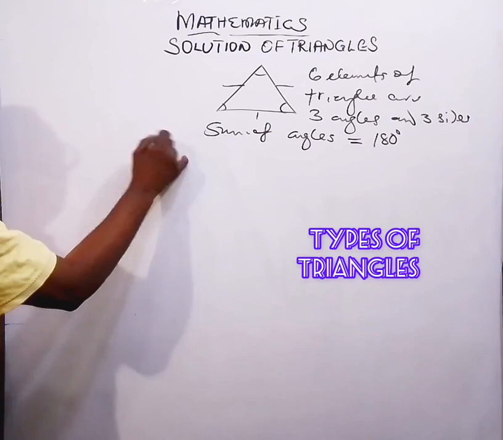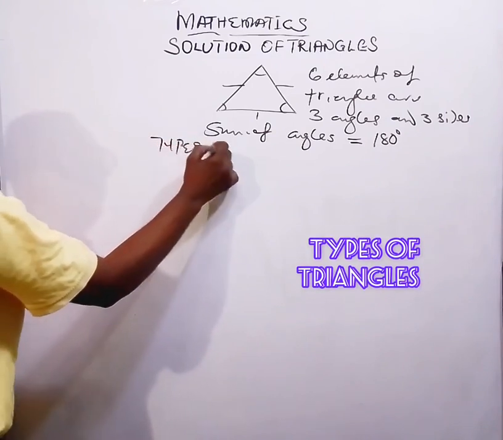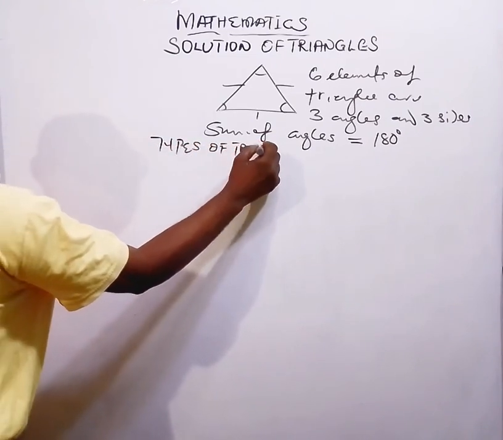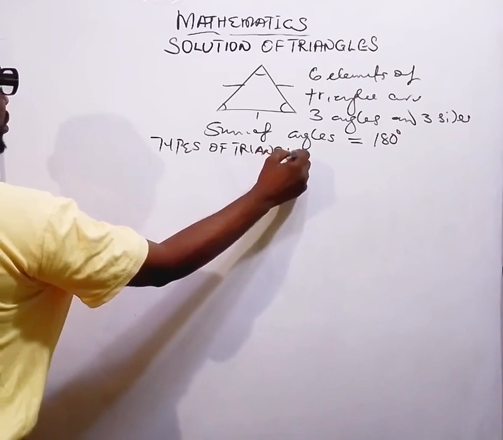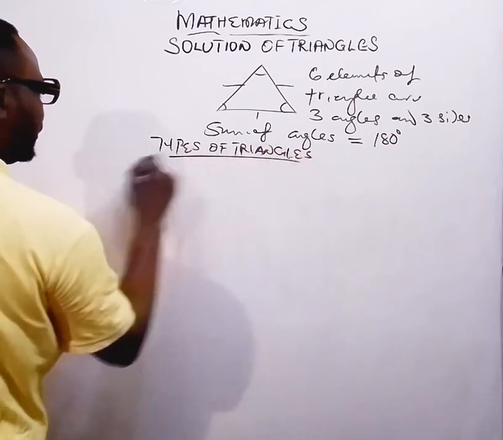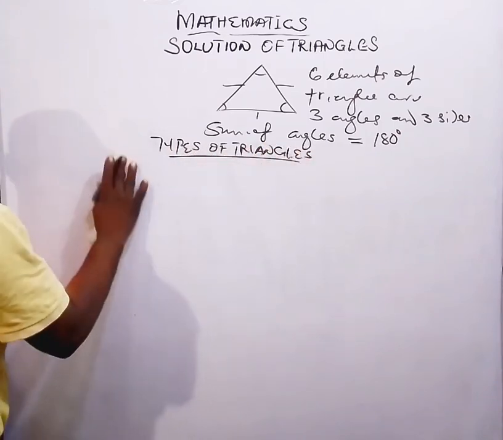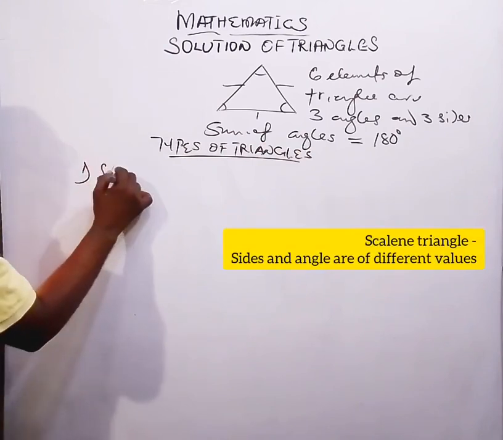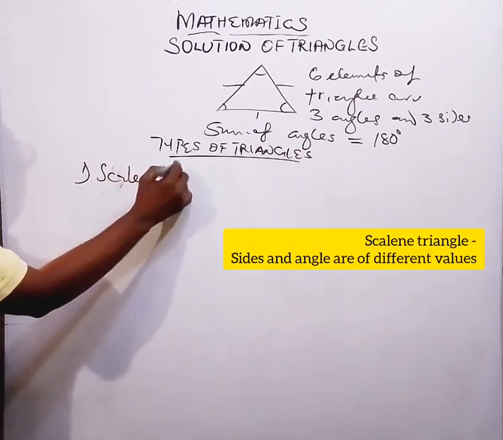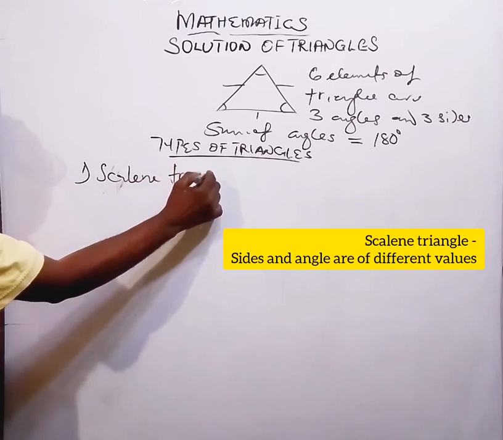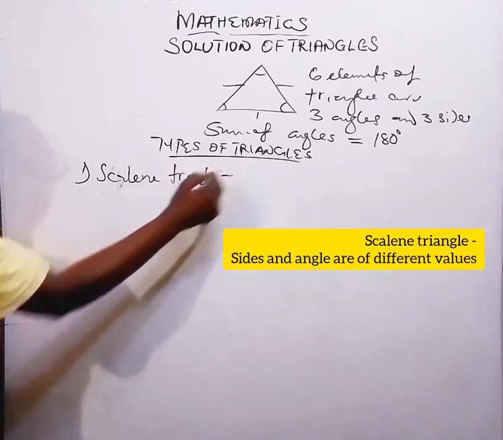Types of triangles. The number one we have here is called the scalene triangle.